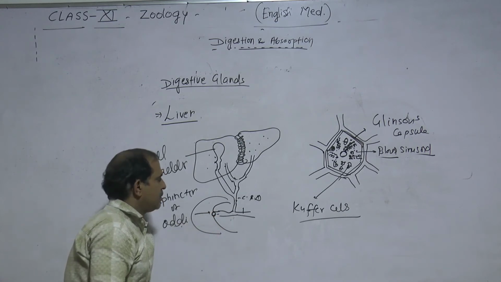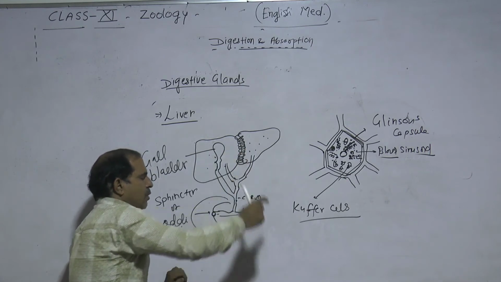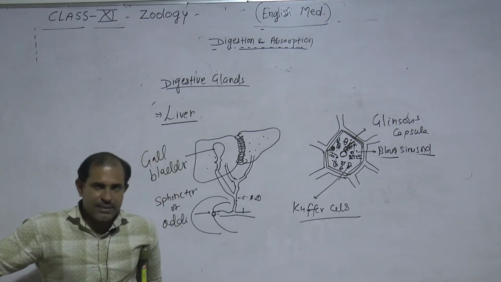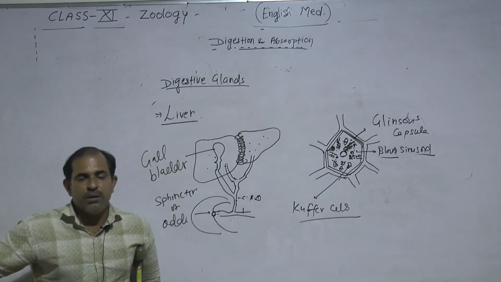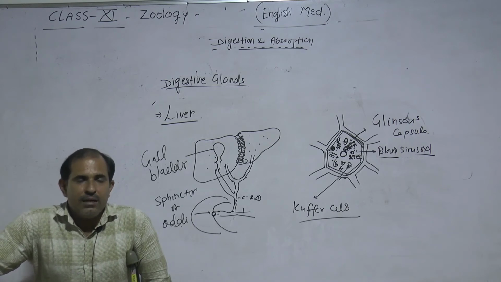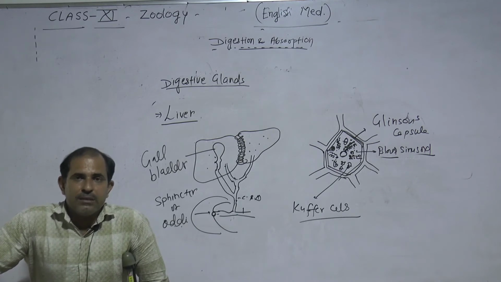So let me discuss again. From each lobe, hepatic duct arises. It means from the right hepatic lobe, a right hepatic duct, and from left hepatic lobe, left hepatic duct arises.